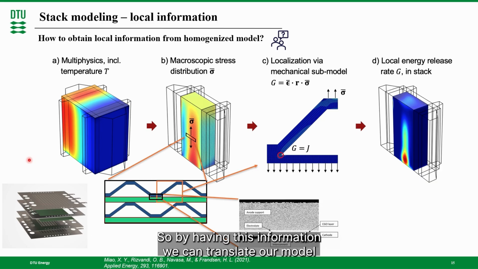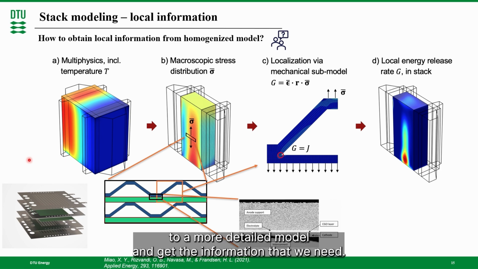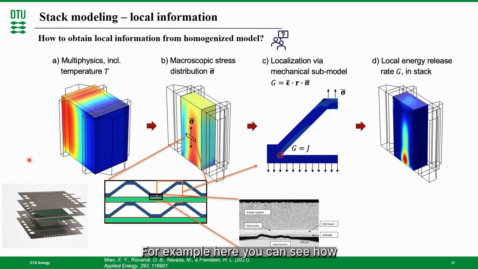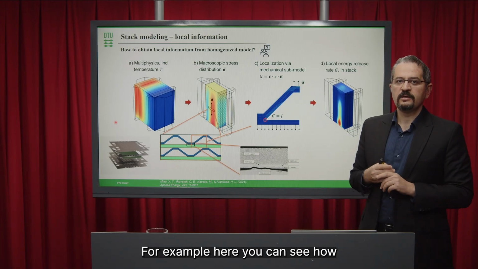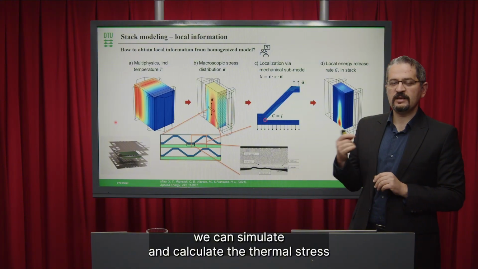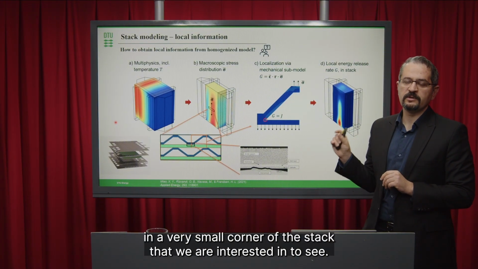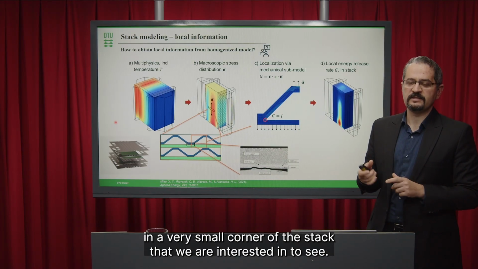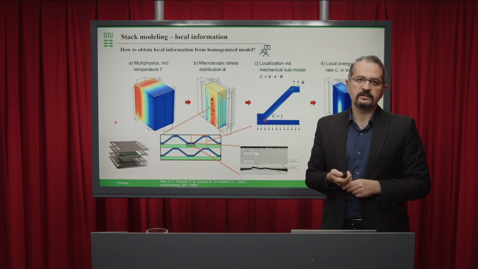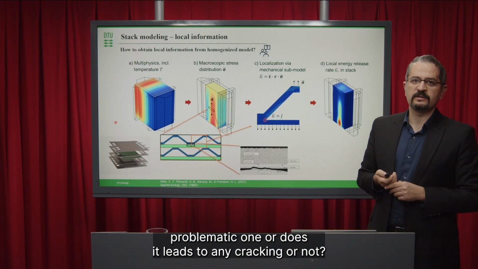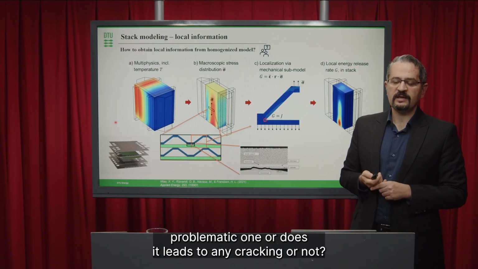With this information, we can translate our model to a more detailed model and get the information that we need. For example, here you can see how we can calculate the thermal stress in a very small corner of the stack that we are interested in, to see whether it is problematic or leads to any cracking or not.